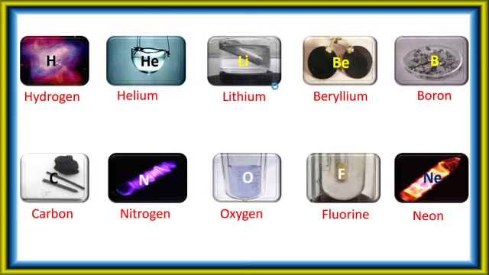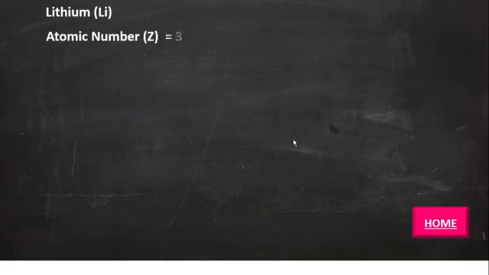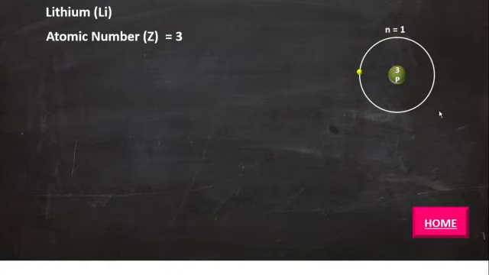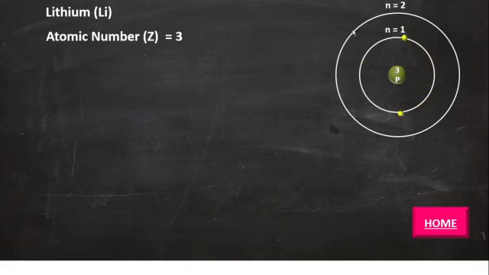Okay. Next, lithium, Li. Atomic number Z equal to 3. 3 protons are there in its nucleus, and 3 electrons. 2 are in the first orbit, and 1 electron is revolving around the nucleus in the second orbit, because the first orbit can accommodate a maximum of 2 electrons only, and the second orbit can accommodate a maximum of 8 electrons.